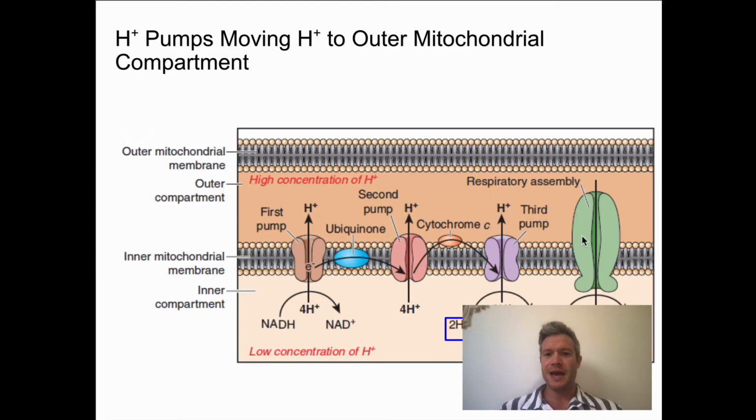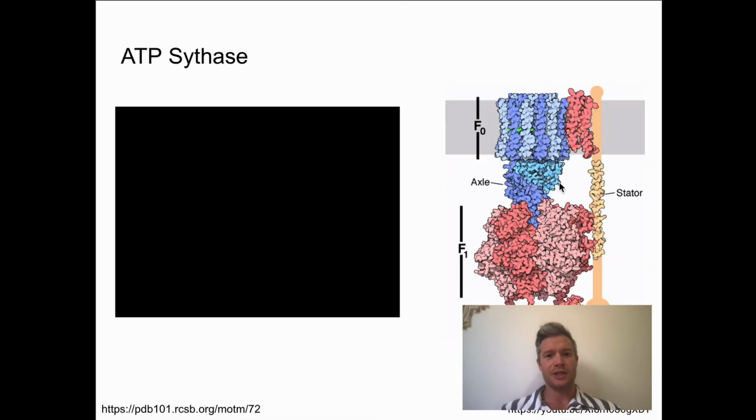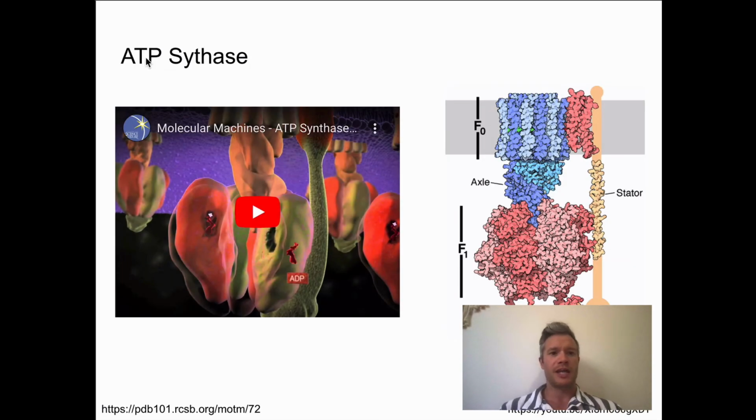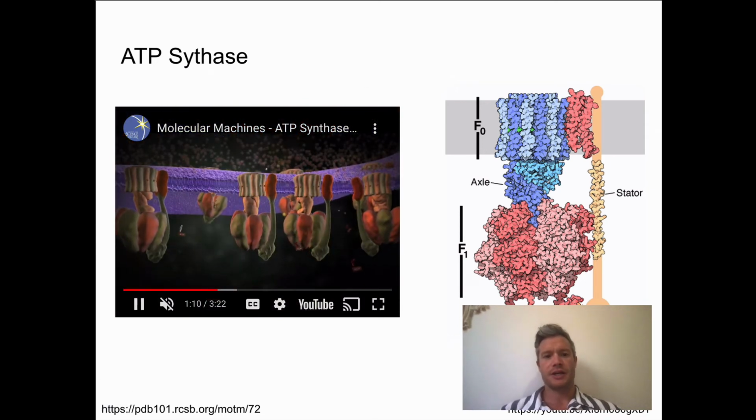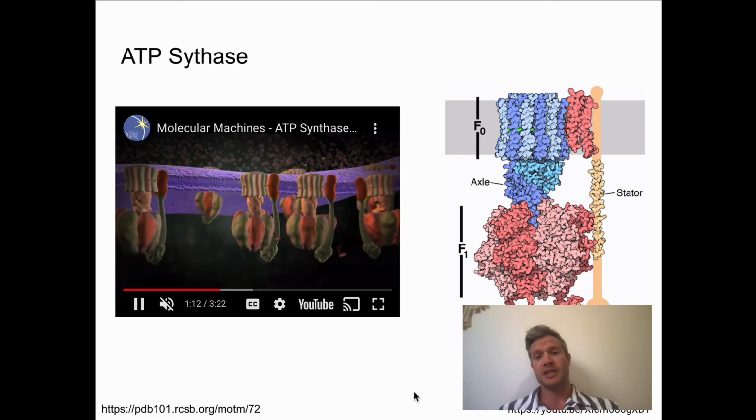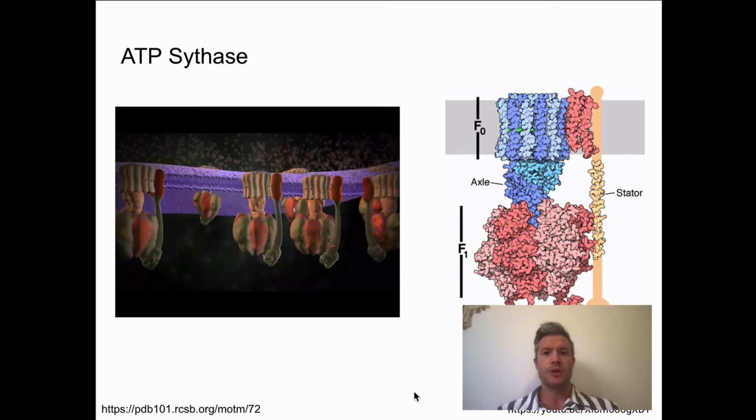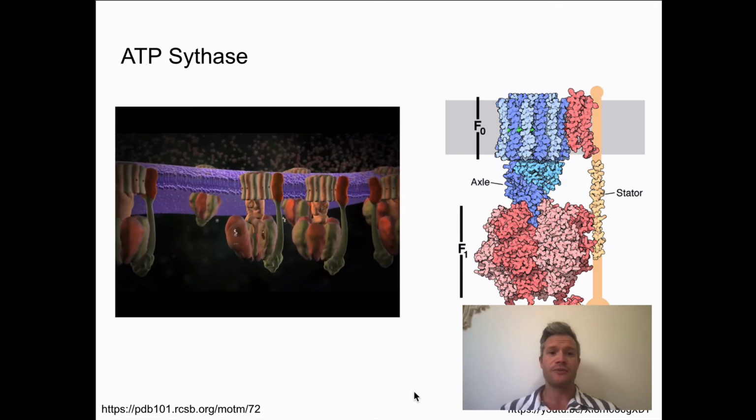So this schematic, I think, is misleading. It looks just like another channel or cytochrome within the ETC, and it's really not. It's its own thing, ATP synthase. So I'm just going to play this in the background. It's posted in Blackboard for you to be able to look up and view in its entirety.